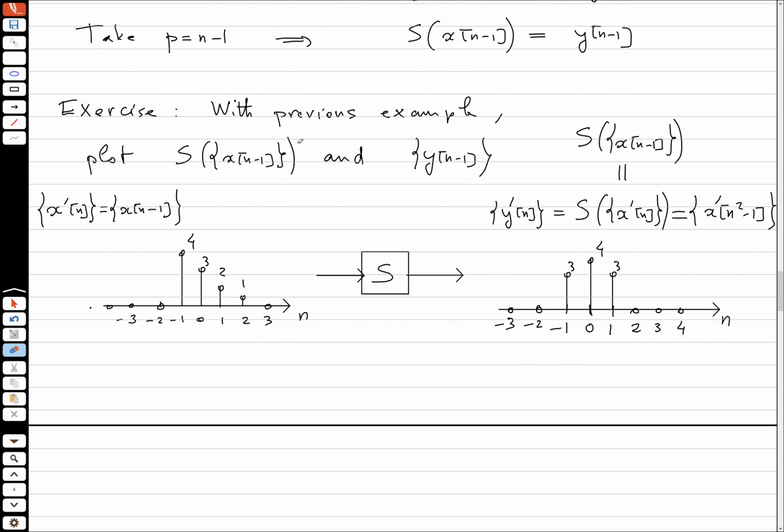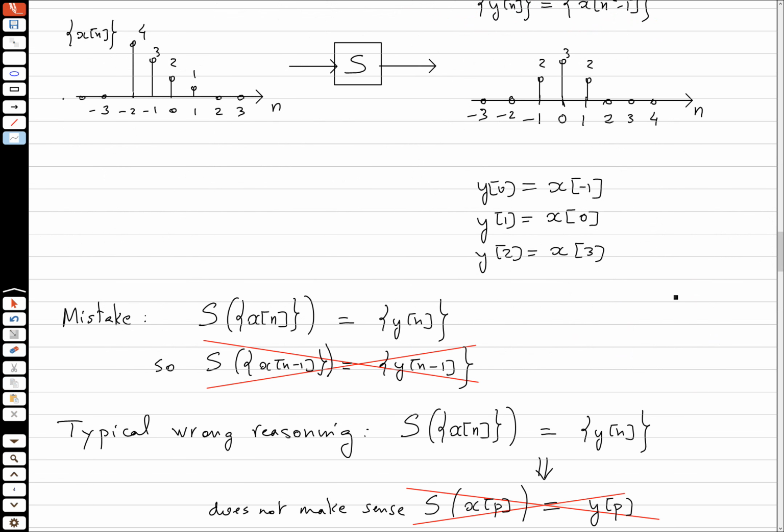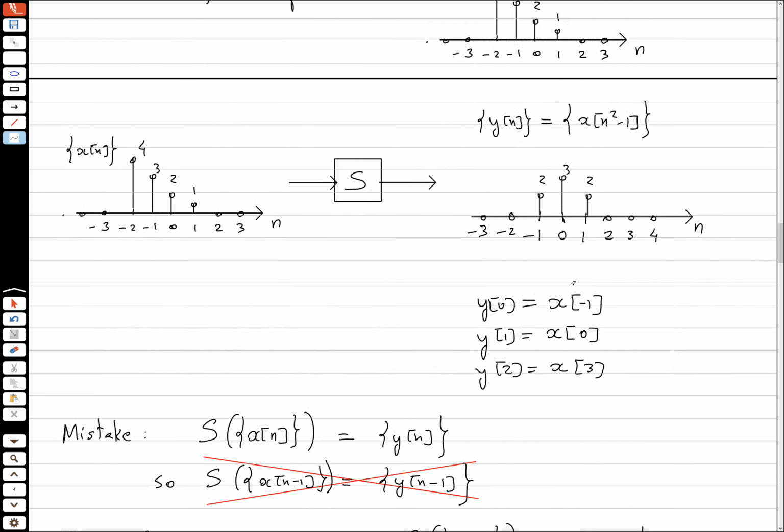So we found this one. We have this one, right? We just need to plot this, and we're going to see if they are equal. We know what this is because we know y of n. y of n is like that.